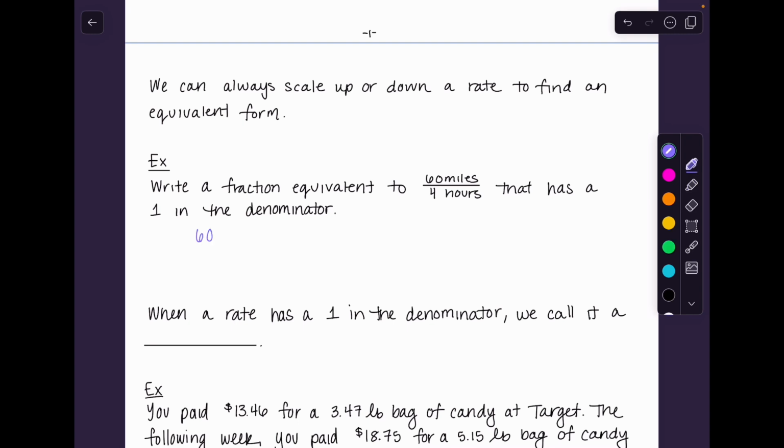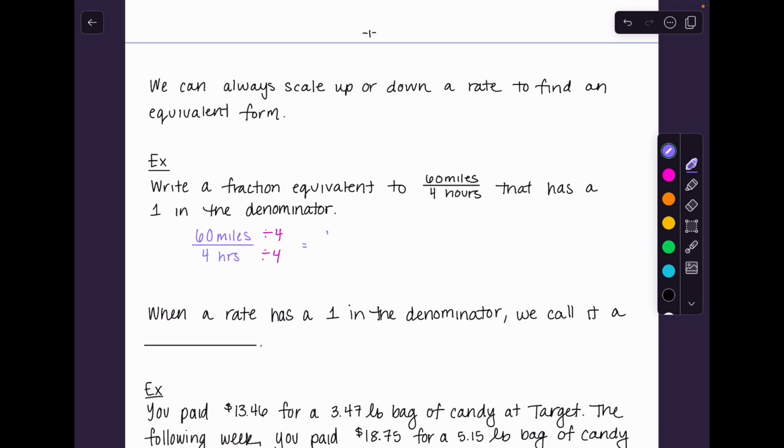So if I start with my 60 miles over 4 hours, if I want a 1 in the bottom, really what I can do is just divide these two, because that will get rid of the 4 in the bottom. But again, if you want to think about this as simplifying fractions, take the top, divide it by 4, and the bottom and divide it by 4. 4 divided by 4 gives us 1.